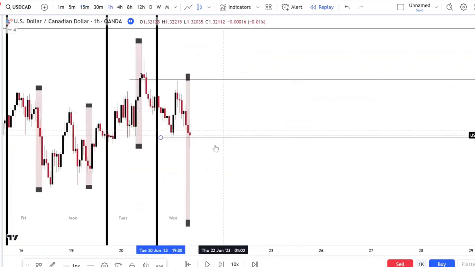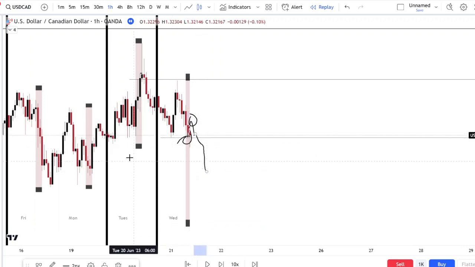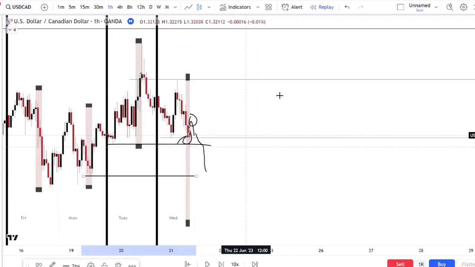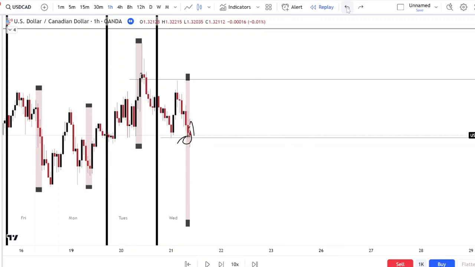As far as the macro, it makes no sense to take price higher, as price is more than likely to continue lower just because of these levels. So we'll skip this day.